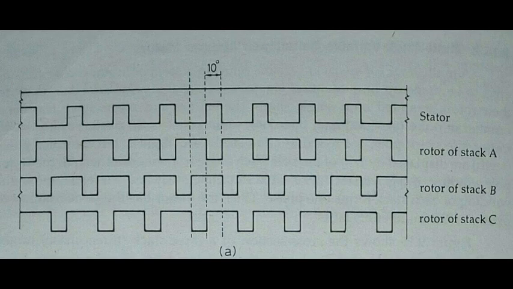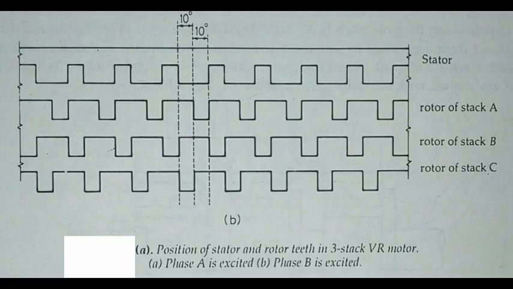Thus, the motor moves one step equal to 1/3 pole pitch due to change of excitation from stack A to stack B. Next, phase B is de-energized and phase C is excited. The rotor moves by another step of 1/3 of pole pitch in the anti-clockwise direction.